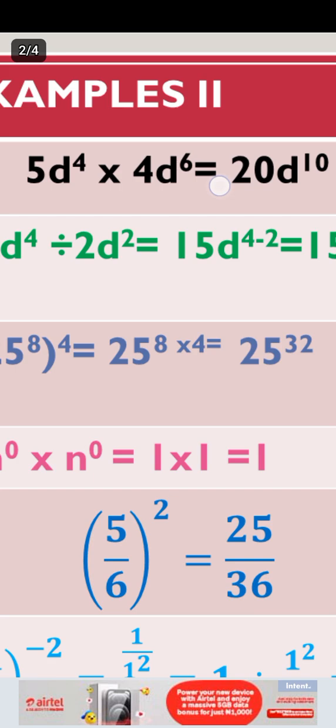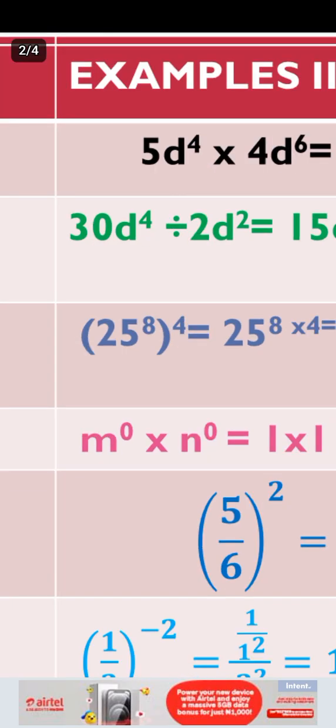The indices obey the rule of indices, so we apply the rule of indices. Now 5 times 4 here is equal to 20, and d raised to power 4 times d raised to power 6 is equal to d raised to power 4 plus 6, which gives 20d raised to power 10.